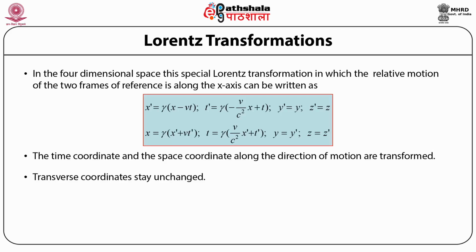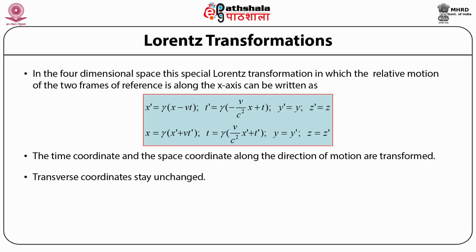Here it is important to note that y prime equal to y and z prime equal to z will only be valid when the frames of reference are moving with respect to each other, that is, let's say the frame of reference k prime is moving with respect to the frame of reference k along the x-axis only. There is no relative motion between these two frames of reference along any other coordinate direction.